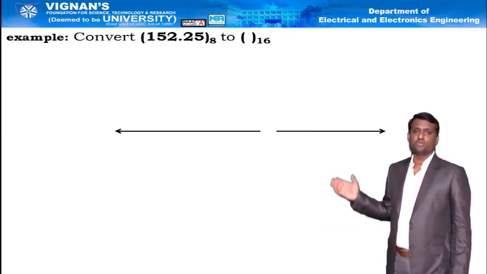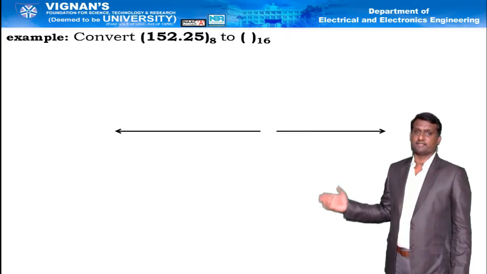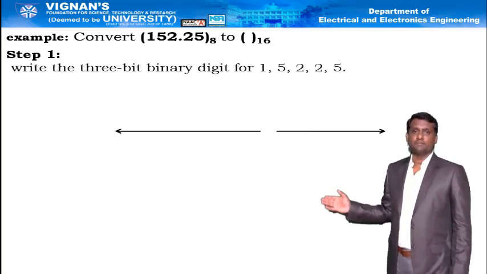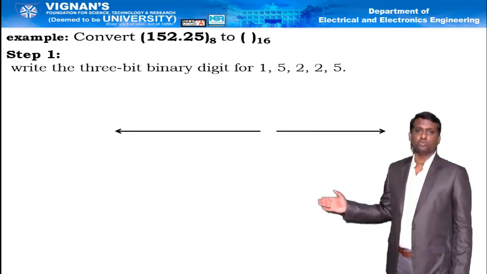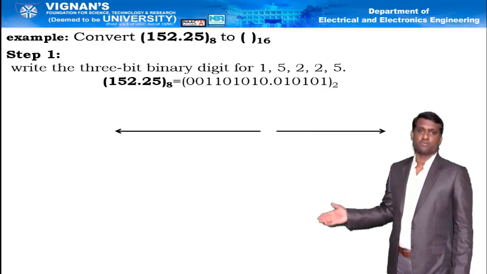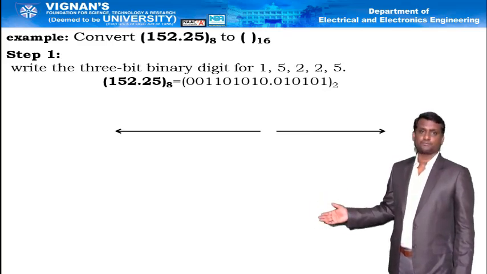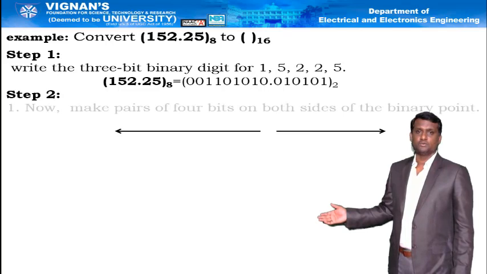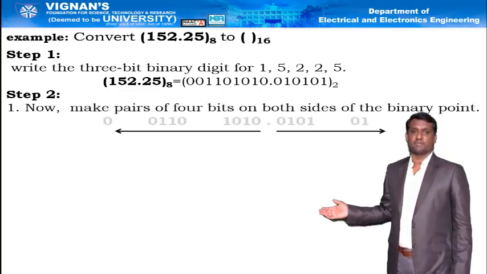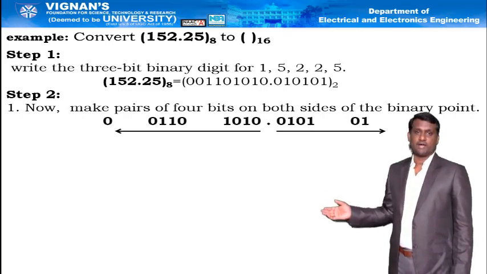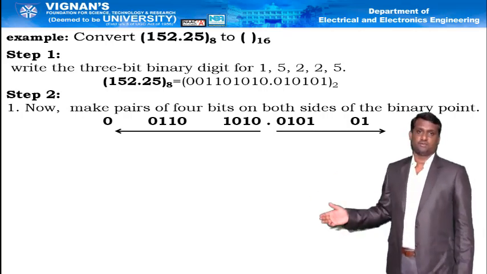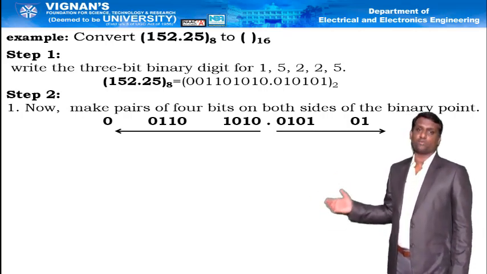Convert 152.25 base 8 into base 16. First, write the 3-bit binary digits for 152.25. That we already converted just now. And step 2, make pairs of 4 bits on both sides of the binary point. That is, from the binary point, separate from left to right and right to left, making 4 bits as one pair.